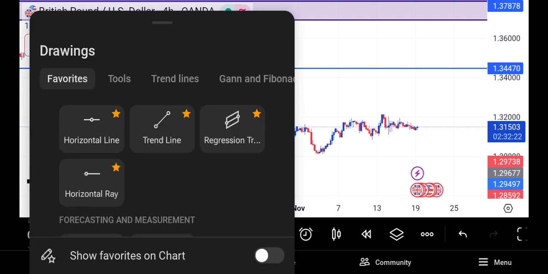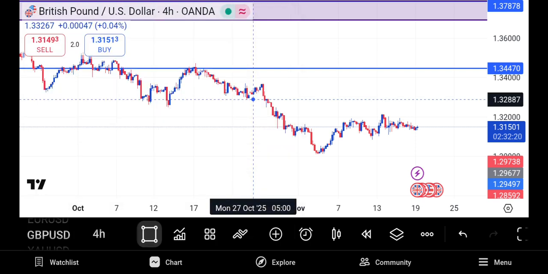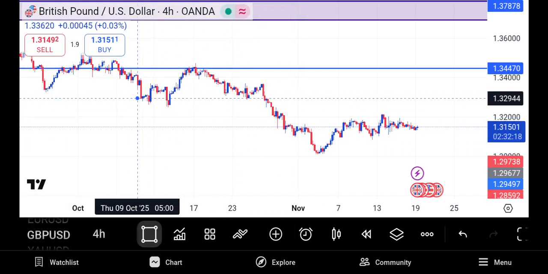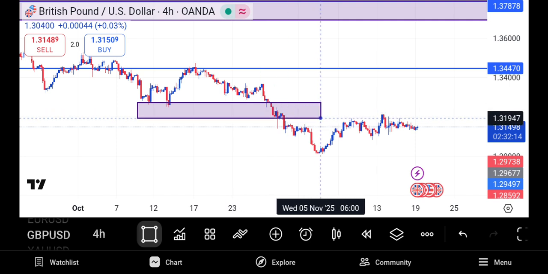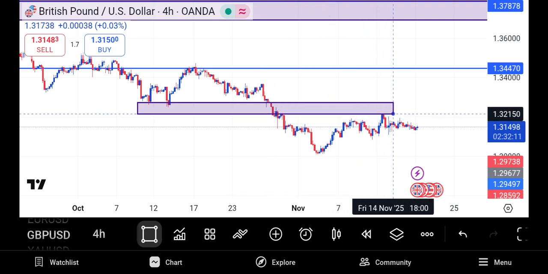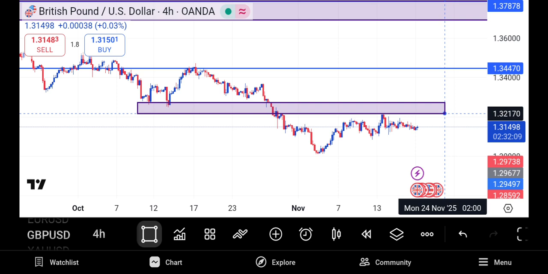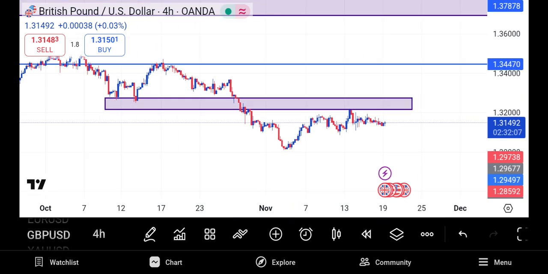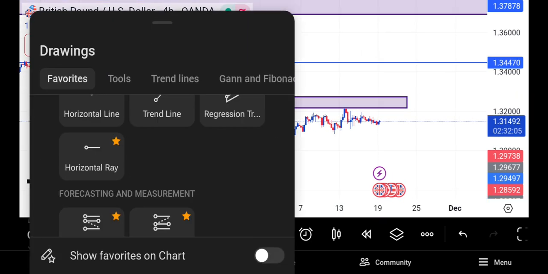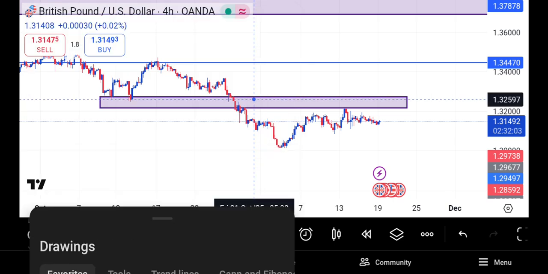I'm also going to mark this zone right here, which is our resistance, also acting as a support. Let me use my arrow so you can see properly.